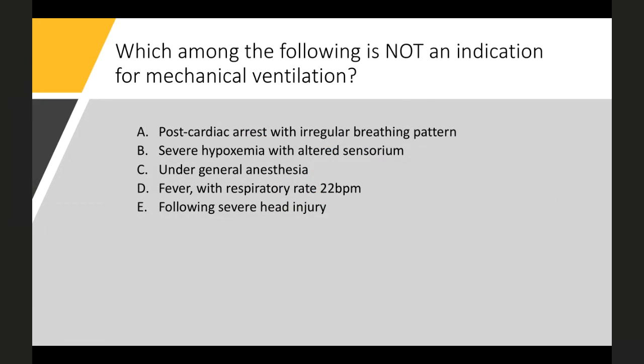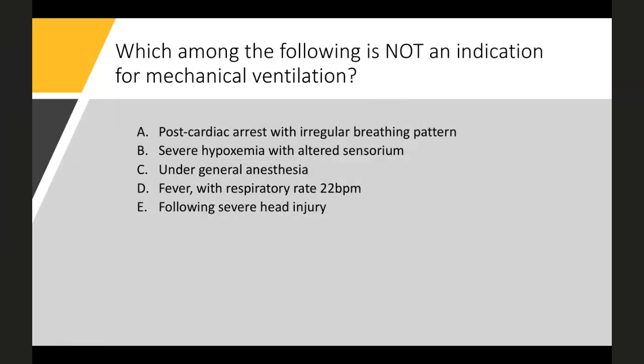Yeah, that's the highest. I deliberately avoided listing all the conditions. I gave broad categories only, like problems with oxygenation, ventilation, and airway protection. But people who are familiar with these things should be able to understand. Post cardiac arrest with an irregular breathing pattern, yes, definitely we need to intervene. Severe hypoxemia with altered sensorium, mechanical ventilation is definitely there.